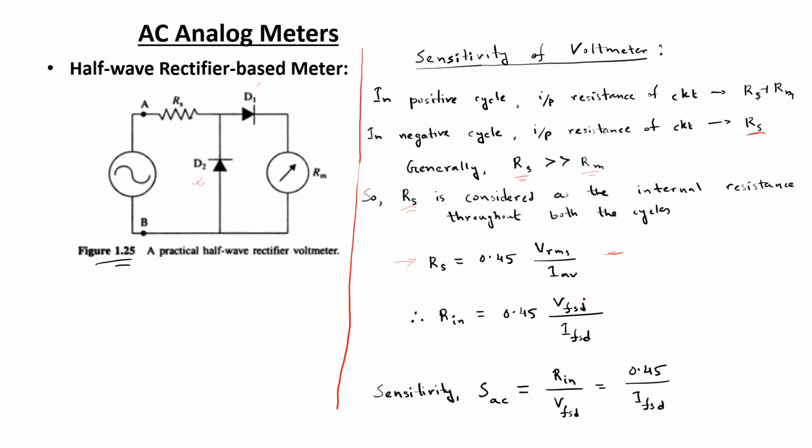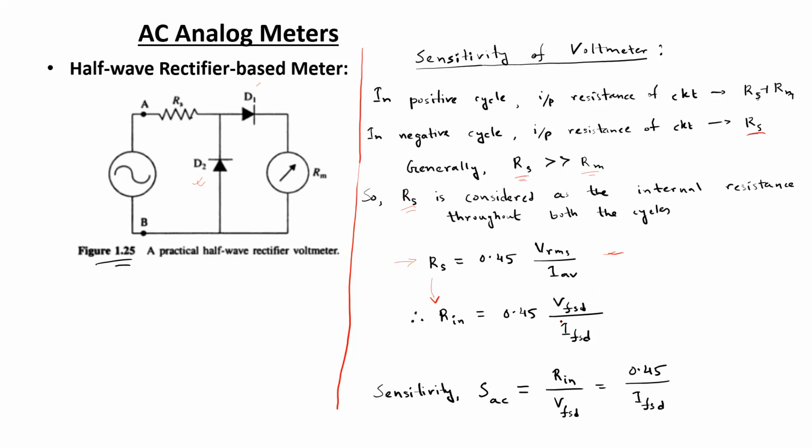That's why in the numerator also VFSD is indicated: the full scale deflection voltage, or the maximum amount of voltage that we need to indicate using a particular meter. Now, as we are considering Rs to be equal to the internal resistance of the circuit, we can rewrite it as Rin, as done over here.